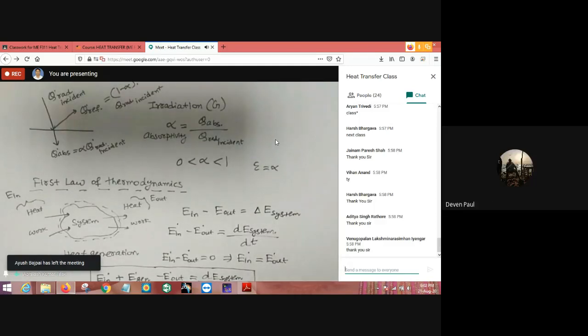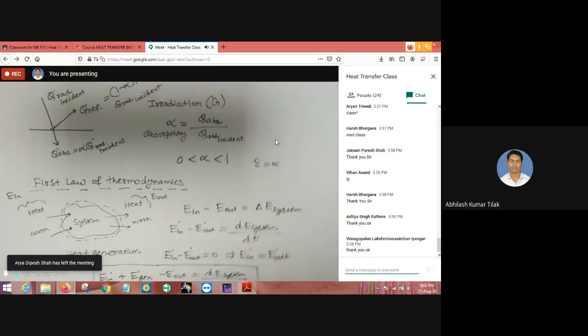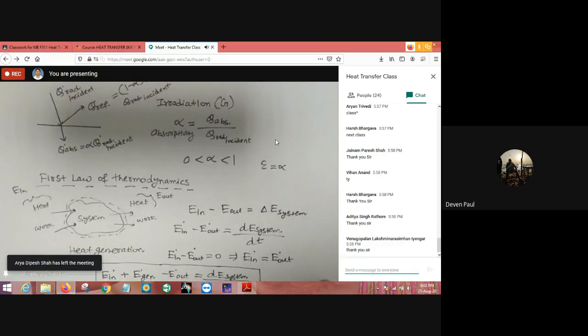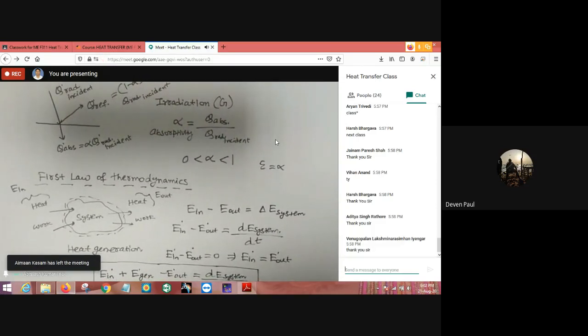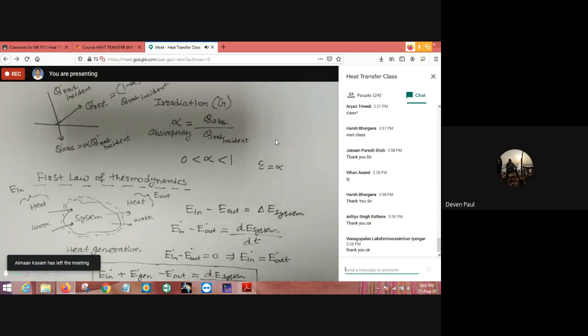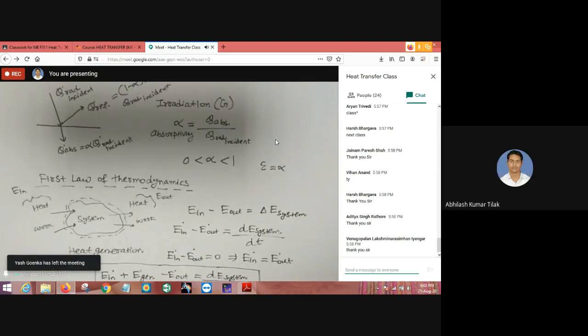Alpha equal to 1 means absorbing all the radiation, which is a characteristic of a black body. Alpha equals 0 means it will reflect all of it. For a white body also, it will absorb some of the heat. You cannot say it will be equal to 0. It is difficult to have a value of 0. If you apply some paint, it might be very small, but exactly 0 is not possible. Okay, sir.